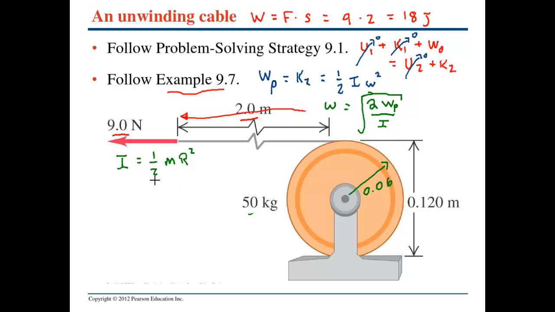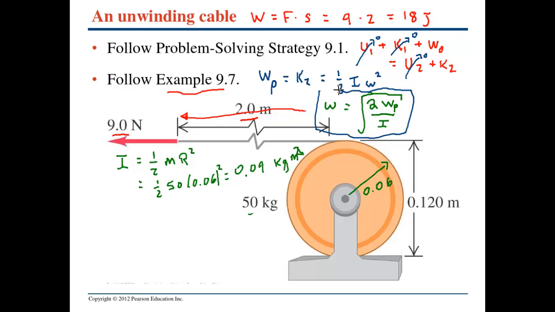I know the mass of the disk, so 1/2 multiplied by 50, 0.06 quantity squared, and I'm going to come up with 0.09 kilogram meters squared.